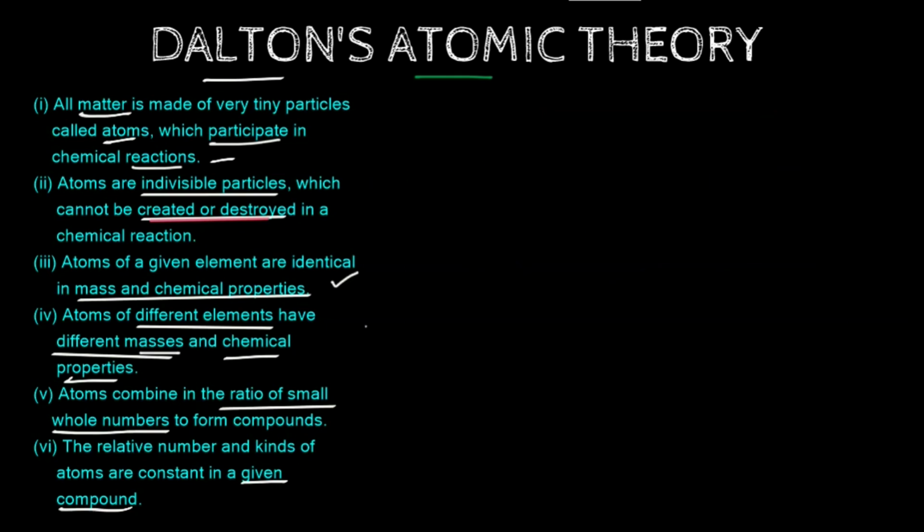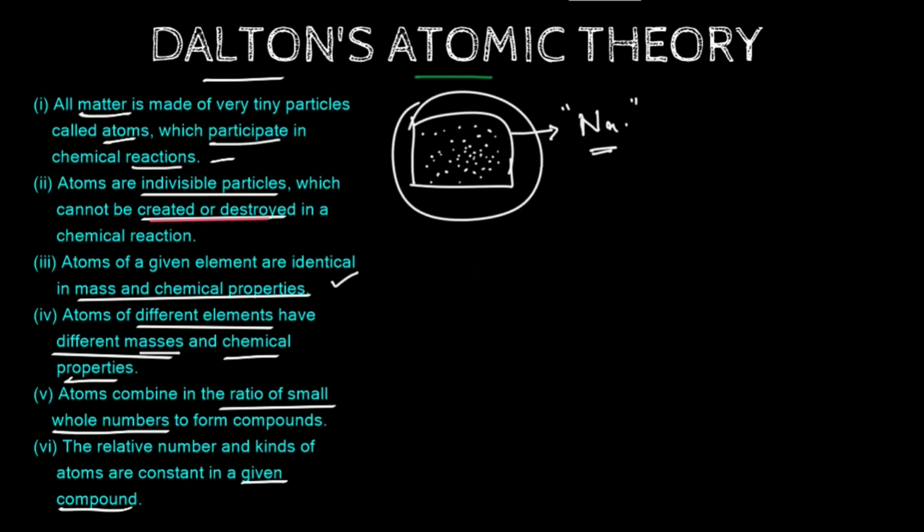Atoms of a given element are identical in mass and chemical properties. That is, if you take a single element, it contains thousands, lakhs of atoms of the same kind. So atoms of a given element are identical in mass and chemical properties. If you take a piece of sodium metal, it has thousands and lakhs to millions of sodium atoms.